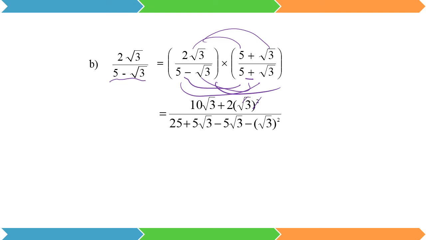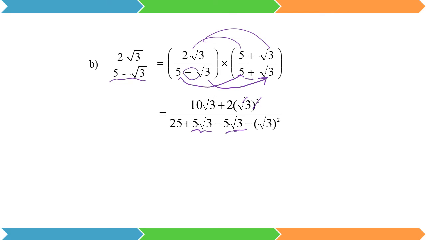How about the bottom one? I don't have to care about the middle terms. We just multiply A with A and B with B, but don't forget the negative sign.